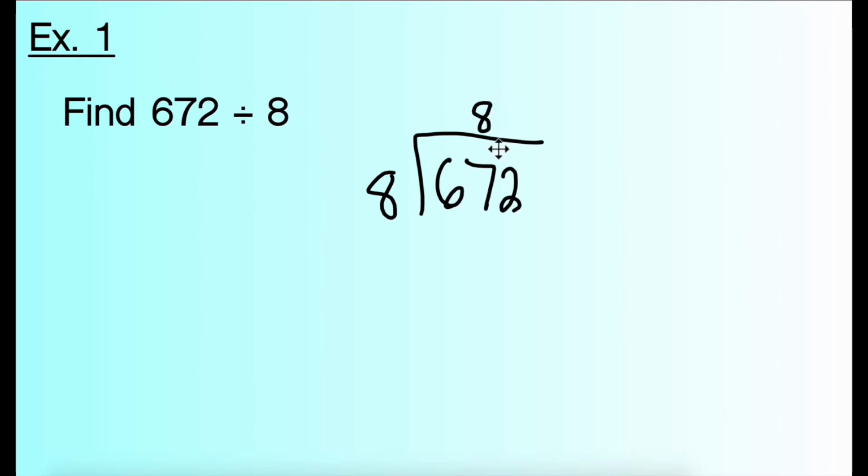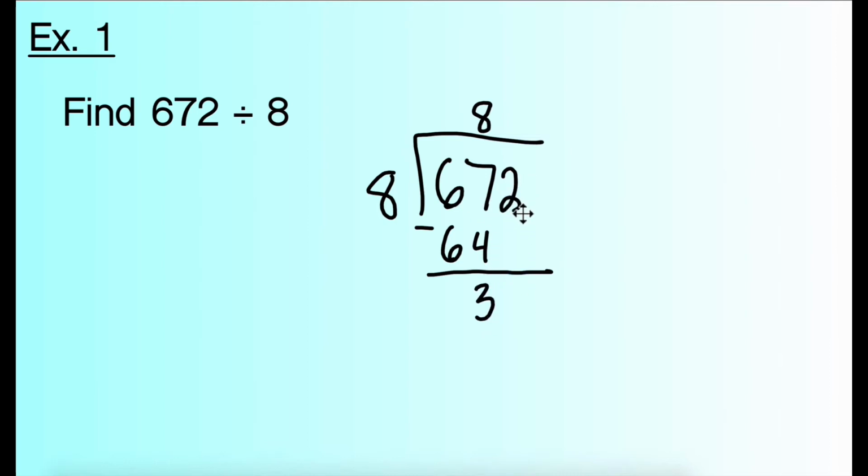This might seem like a small thing, but notice where I put the 8 in this problem. I tried to go into 67, and so the 8 is going above the 7. That's the number that it goes into, 67. So it goes above the 7. 8 times 8 is 64. And now I'm going to subtract. The difference there is 3.